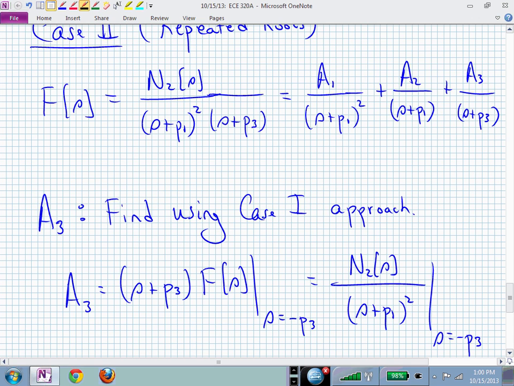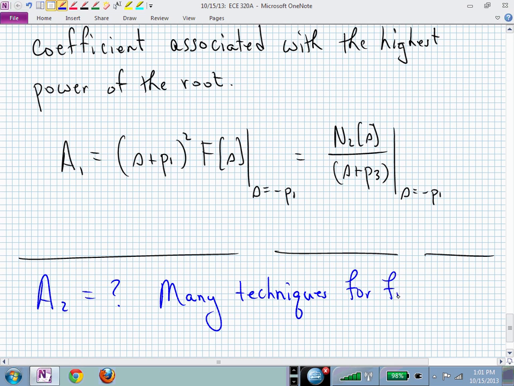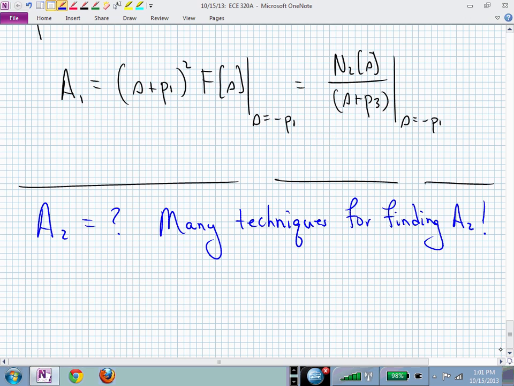Meaning now we found A1 and A3 the first way, case 1 way. Now we need to find A sub 2. To find A sub 2, there are a lot of different ways to do this. And remember, the partial fraction expansion is true for all values of S. And we're going to use that to our benefit. There are many different techniques for finding A sub 2.